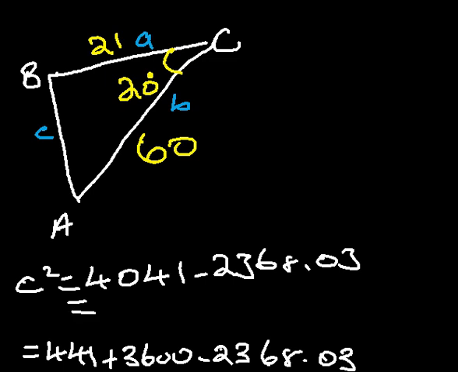And what would that be? 4041 minus 2368 is 1672, and the 0.03 gives 1672.97.